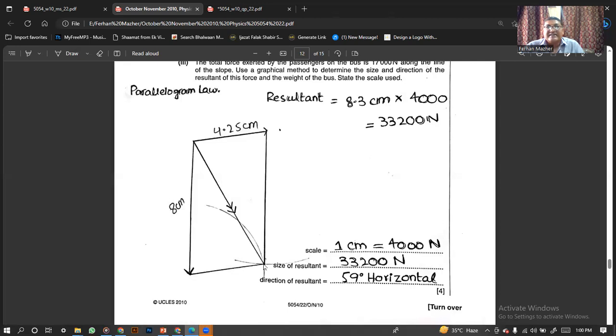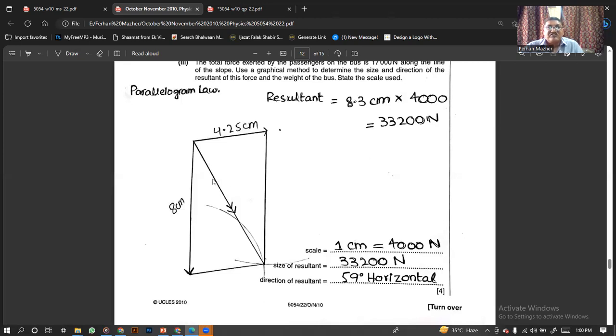Where these two arcs intersect each other, join that point with this and with this. So your parallelogram is completed. Then where the tails are joined, join that vertex with the opposite vertex. And this diagonal will represent the resultant force.